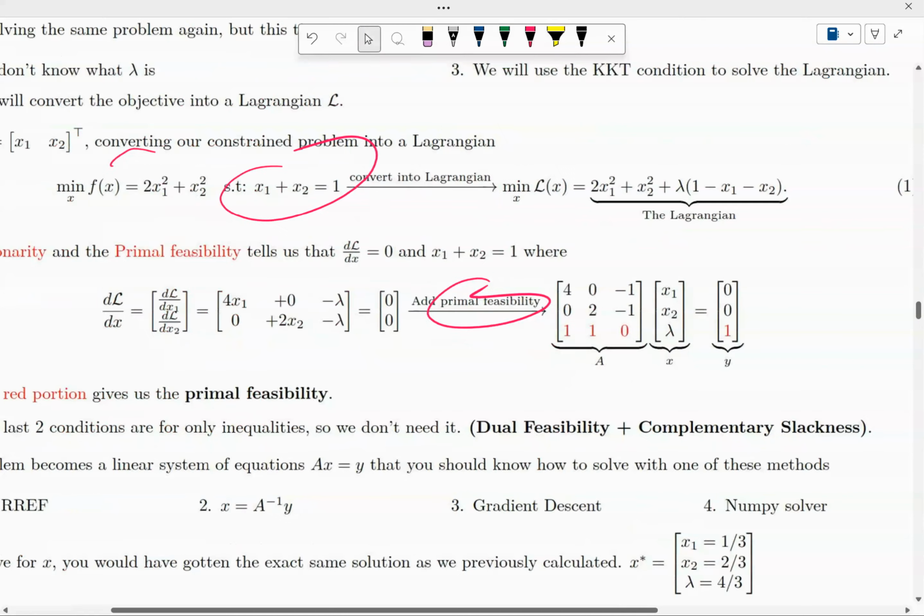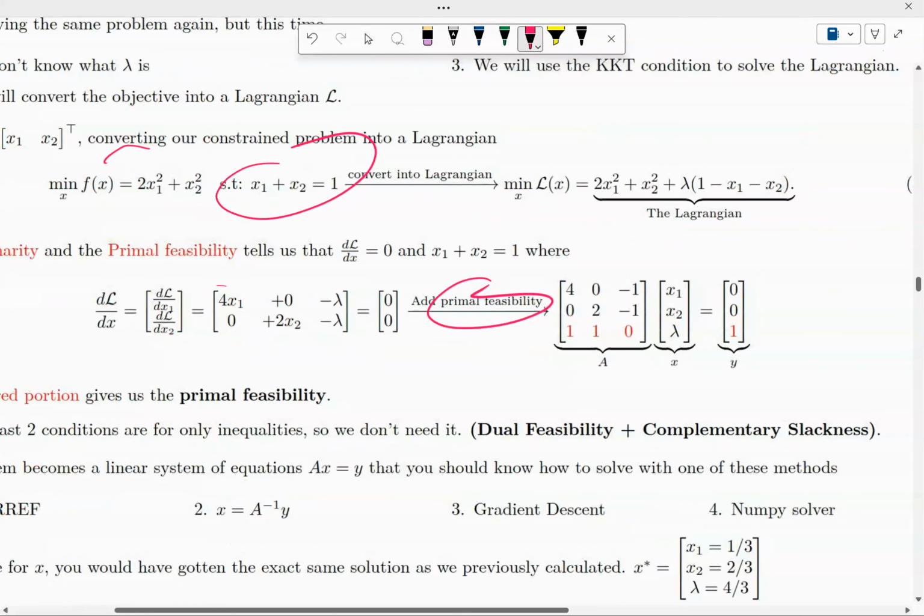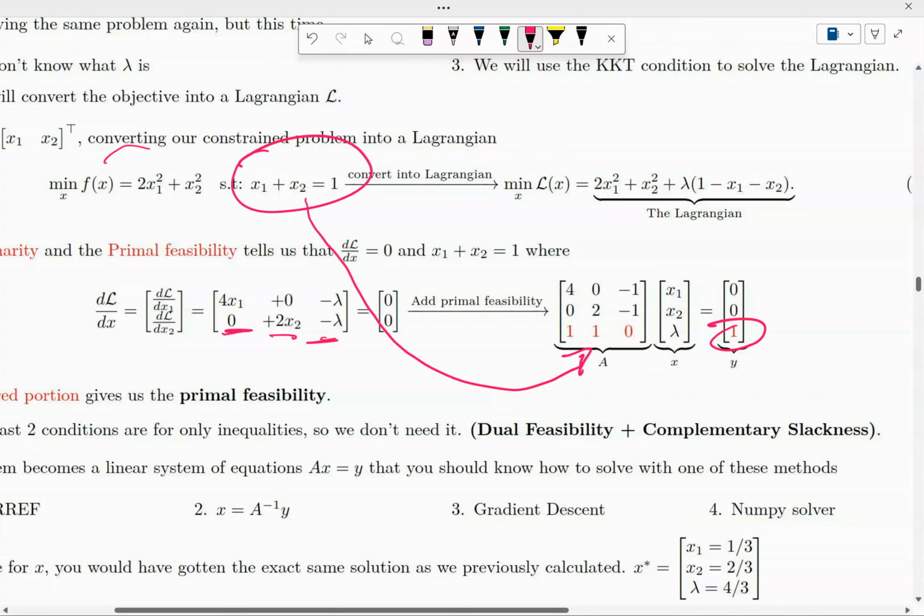Now notice how this is 4x1 plus 0 minus lambda. We can write that as 4, 0, minus 1, because we multiply by x1, x2, and lambda, which is our solution. And over here, 0, 2, minus 1. And the very last one is x1 plus x2 equals 1.